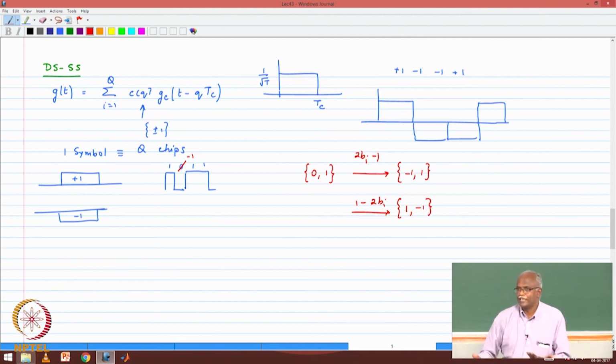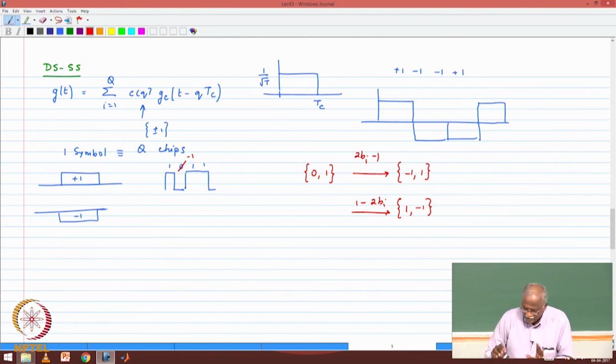It does not make a difference, but just be aware that when it actually comes to the waveform implementation on the channel, it will be a +1 and -1. But very often you'll find that discussions regarding the spreading codes will be in the context of zeros and ones. So always make sure that you quickly translate it into a waveform.